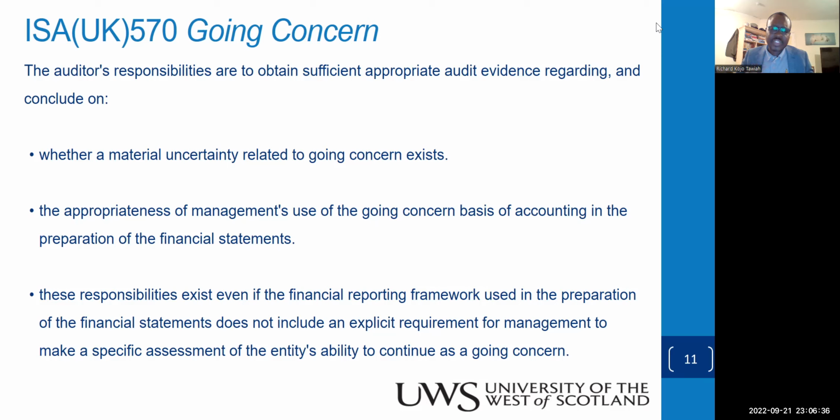I must also gather sufficient appropriate evidence regarding how appropriate management's use of the going concern basis of accounting is in the preparation of the accounts. So auditors, management will usually prepare the accounts on the basis that the company will continue into the foreseeable future. For me as an auditor, I need to assess the basis upon which management is preparing that account, the accounting basis upon which they are thinking that the company will survive the test of time.